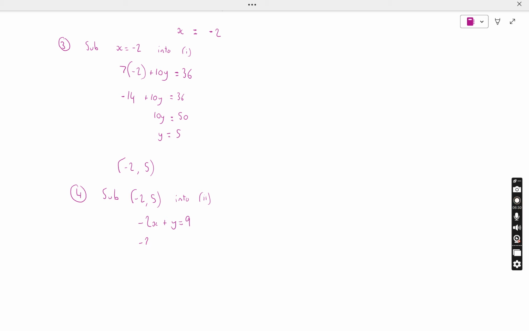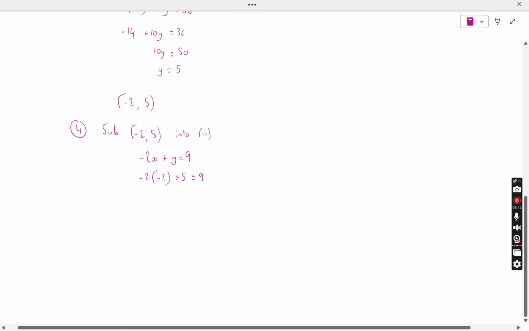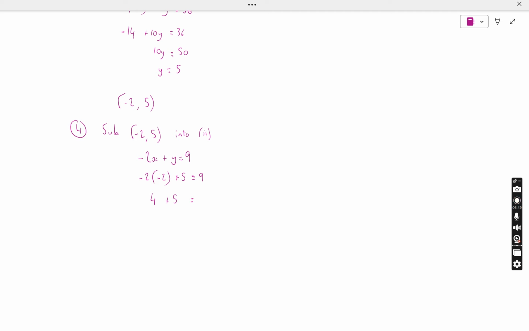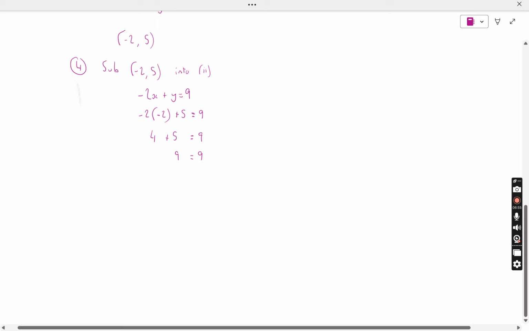So -2 outside of x is actually -2 as well, so another -2 plus 5 equals 9. -2 times -2 is +4 plus 5 equals 9. 4 plus 5 does equal 9, so we're going to have 9 equals 9.